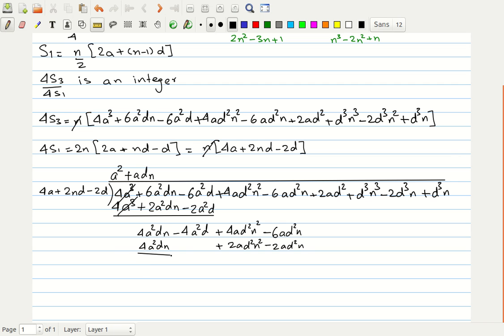So this cancels out, this comes down as it is, minus 4a square d. 4 minus 2 is plus 2a d square n square, and this is minus 4a d square n, right?